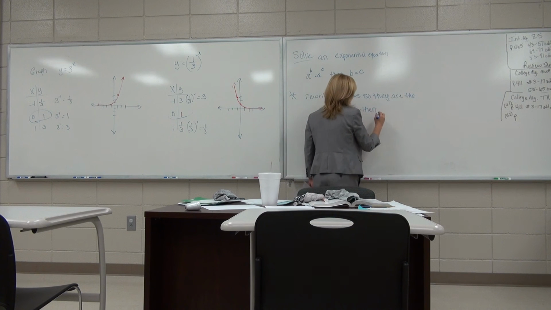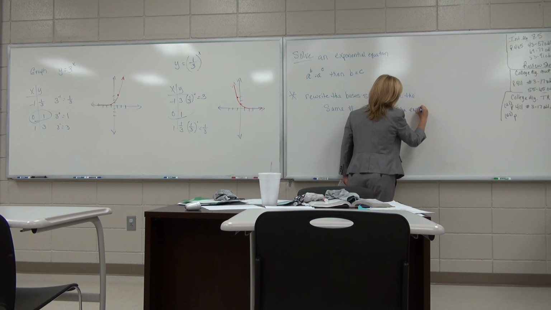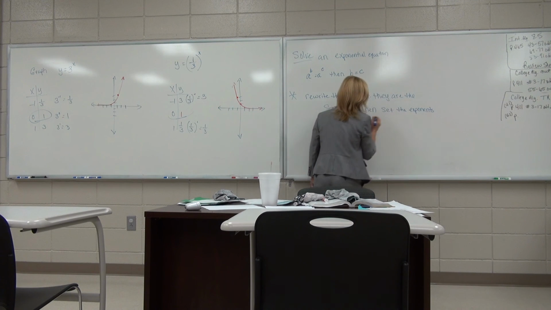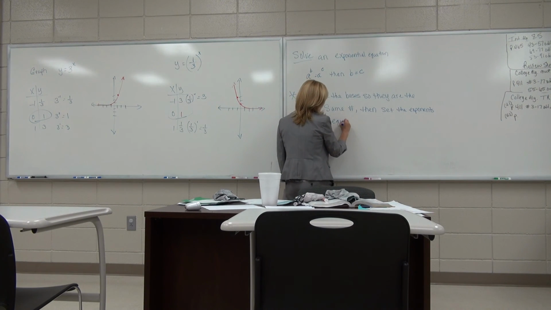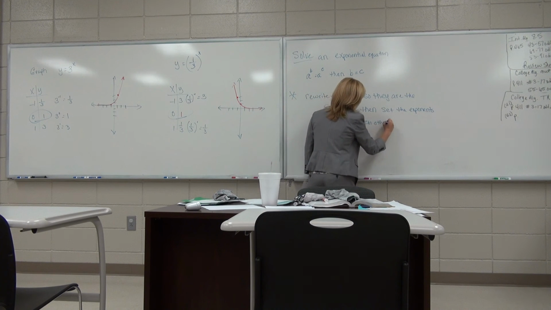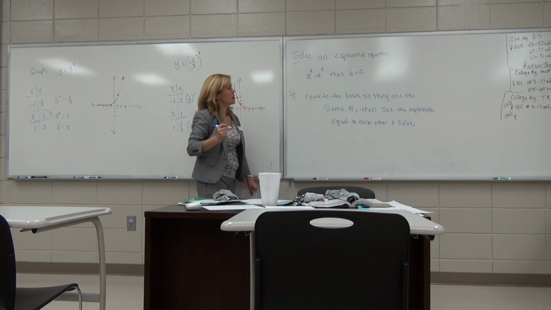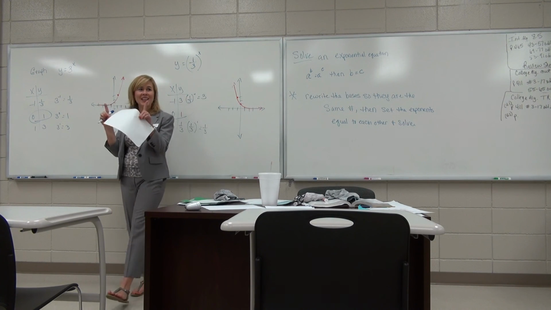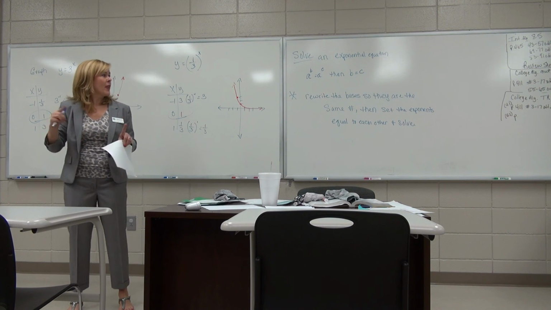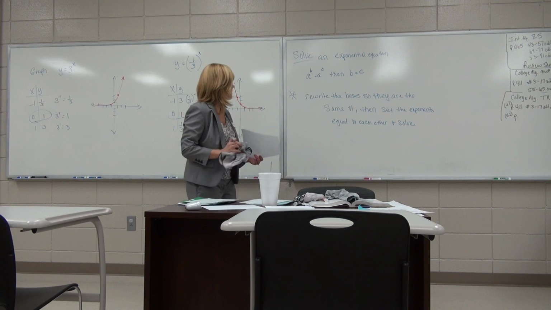Then set the exponents equal. So your whole key is you rewrite the bases so that they're exactly the same number. And when they are, you can set the exponents equal to each other and solve these equations.